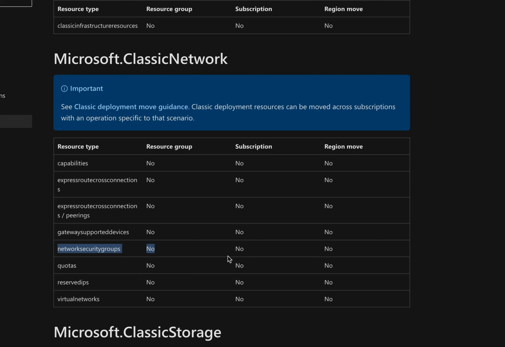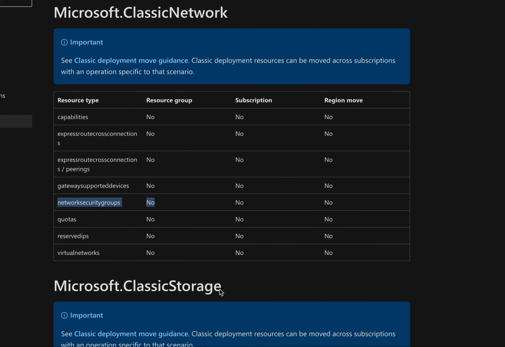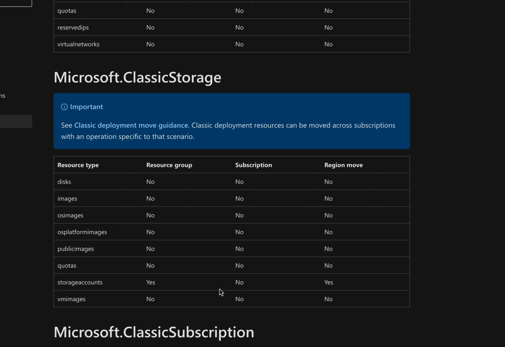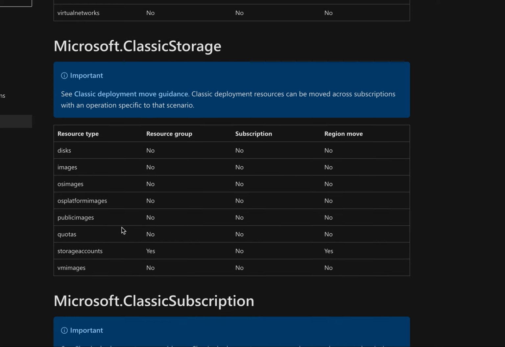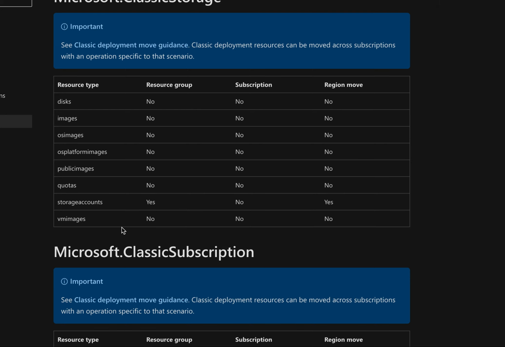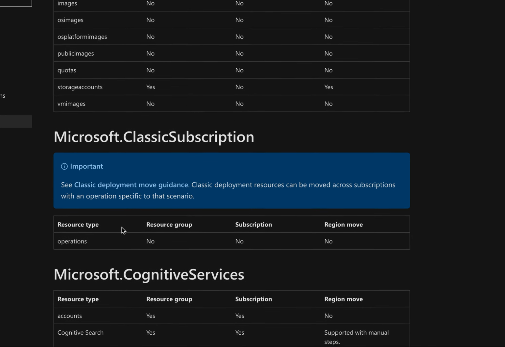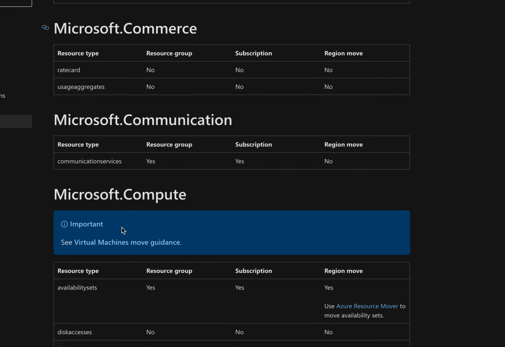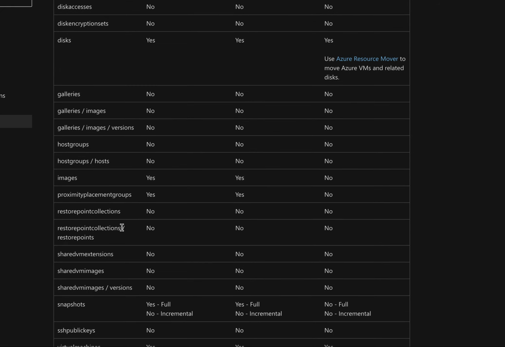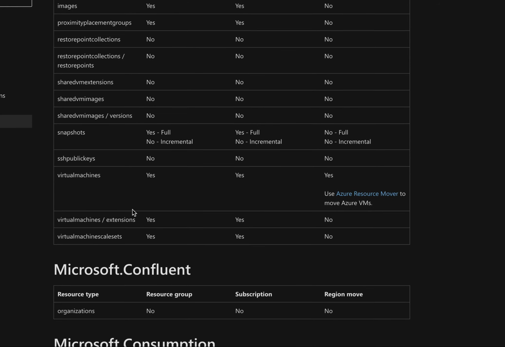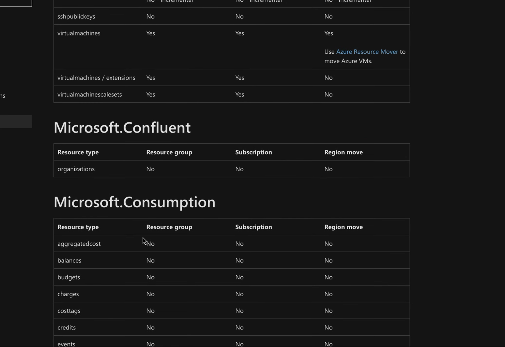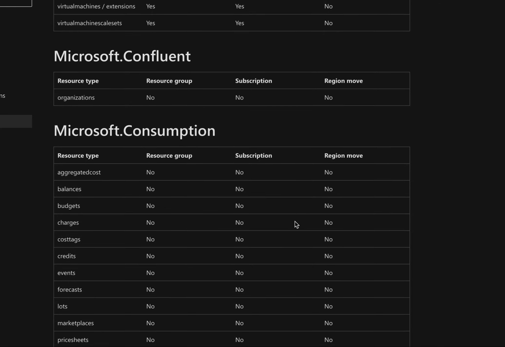So this is good to know, right? This is something which is really important. And then you have disks. Disks cannot be moved. Images cannot be moved, so VM images cannot be moved. Use Azure Resource Mover to move Azure VMs.